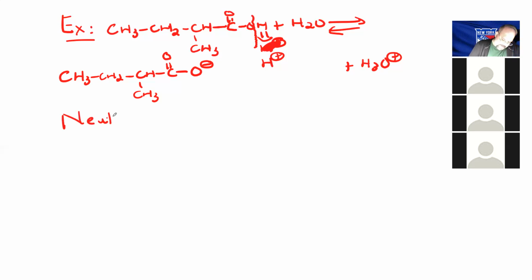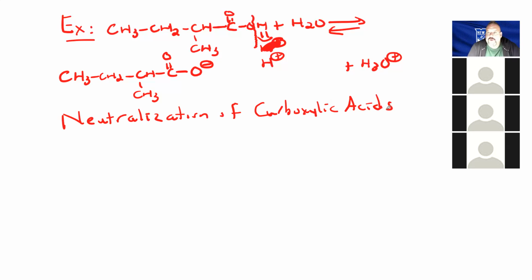The other reaction of carboxylic acids that we want to talk about is their neutralization. Now, in the acid-base chapter, we didn't really get into neutralization reactions, but at this point, we do need to discuss them a little bit. And I know in the virtual lab of acids and bases, we had a little bit of an introduction to them.